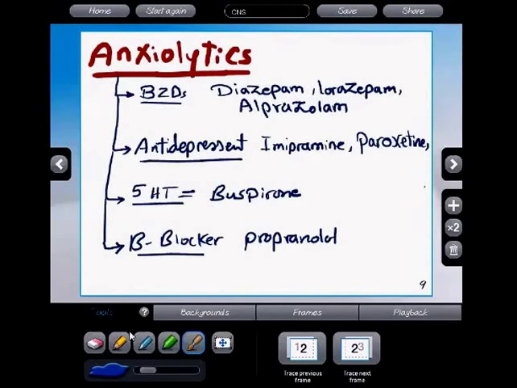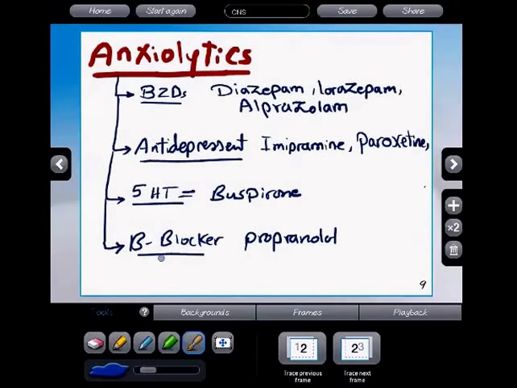Okay, so what are anxiolytic drugs? Benzodiazepines, like the GABA drugs, such as diazepam, lorazepam, alprazolam, the family of zepam and zolam. Antidepressants like imipramine, paroxetine, fluoxetine, and so on. Serotonergic agonists like buspirone, and beta blockers like propranolol.